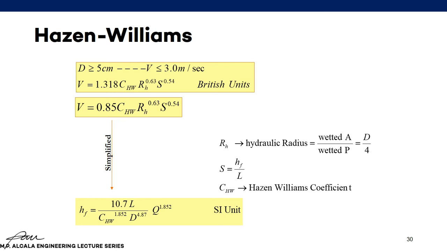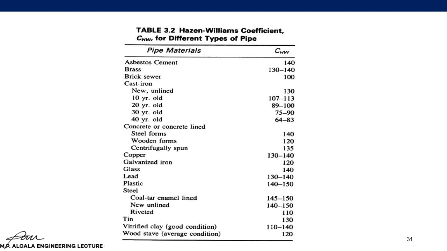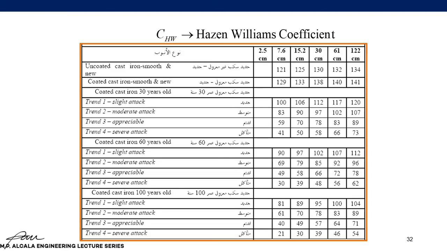So sorry about that. There is a motorcycle outside. So you can simply use this equation, right? So the coefficient CHW is the Hazen-Williams coefficient with these values. Okay? So again, class, no need to memorize.